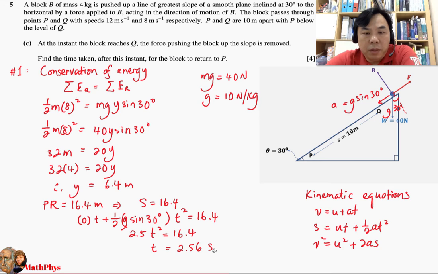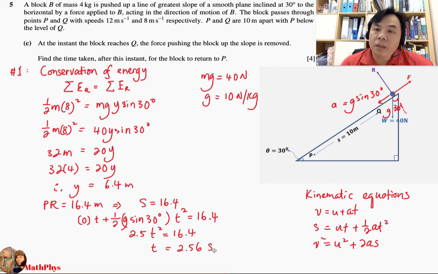Alright, now just let me read through one more time to see whether this is the amount of time. Because in my calculations, the time t is the time taken from the final position down to P. Right. So based on the question, at the instant the block reaches Q, the force pushing is removed. Find the time taken after this instant.